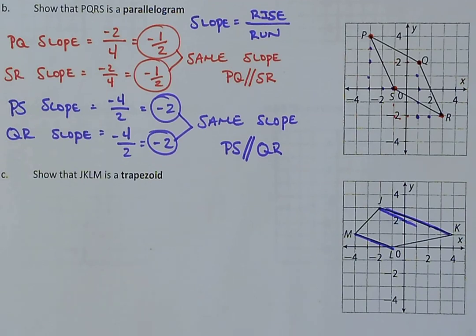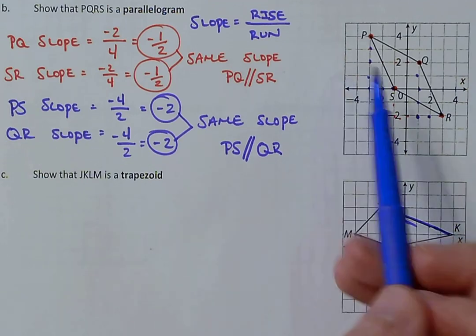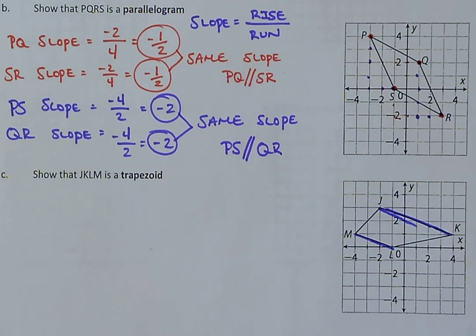Now D is going to be a parallelogram, so you'd have to do it much like B. I am going to leave parts C and D for you to do on your own if you would like, to give yourself some extra practice. As always, they are done on my completed notes, so you can always reference my work there to see how I did C and D, to see if you're on the right track, or if you feel comfortable with it.